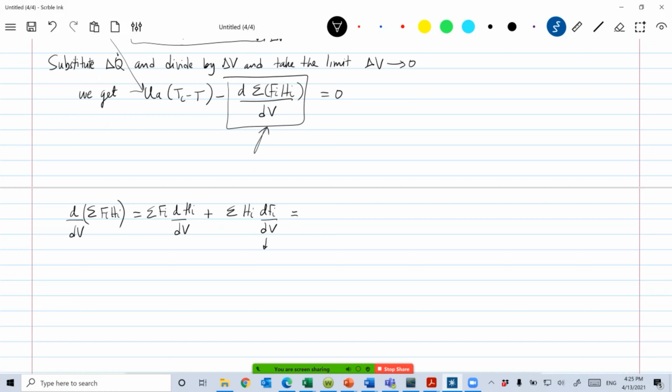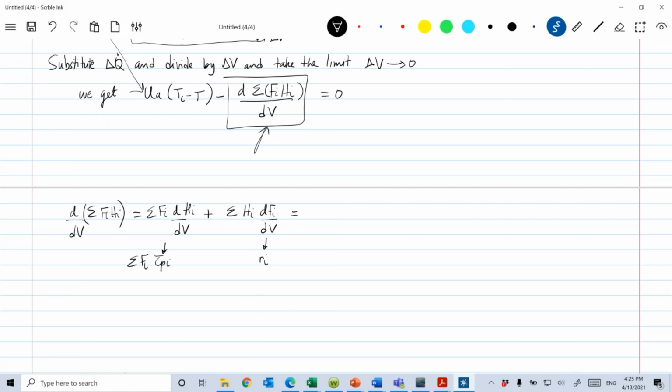So this is your mole balance right there. If you remember, this is your PFR mole balance. Works out really nicely. So this is your Ri, and this term here, if CPIs are constant, is FI CPI dT/dV, because HI is CPI delta T, so dHI/dV is CPI dT/dV. So these are your two terms.